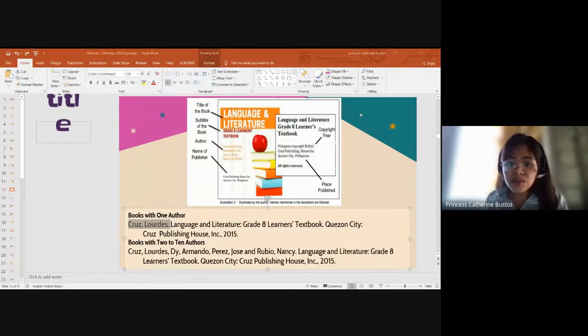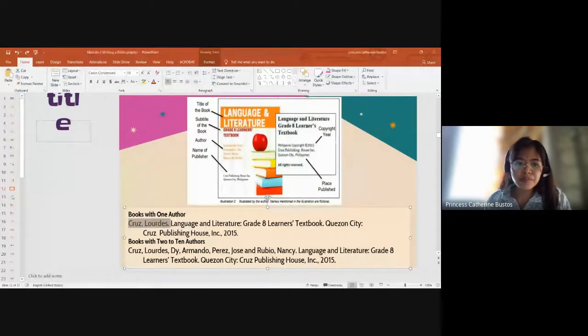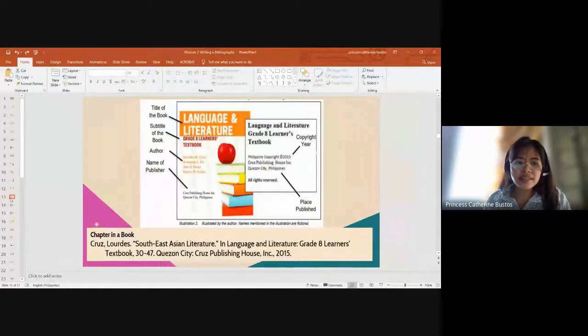Did you notice those? Yes? Okay. Now, we have also here 4 to 10 authors. What if there are many authors? It's not only one, there are many. So according to this one, it says that, okay.